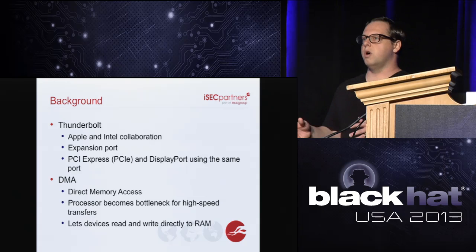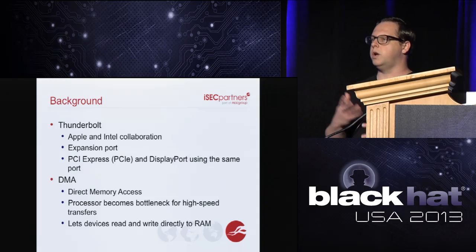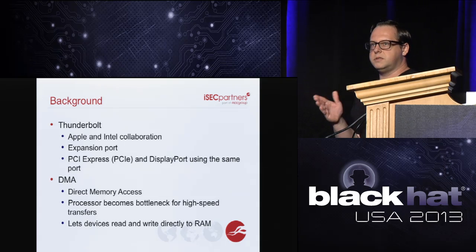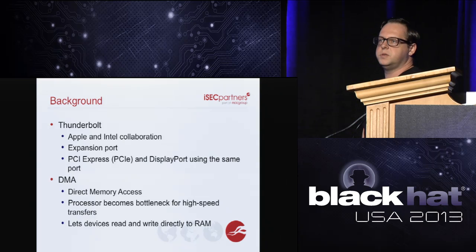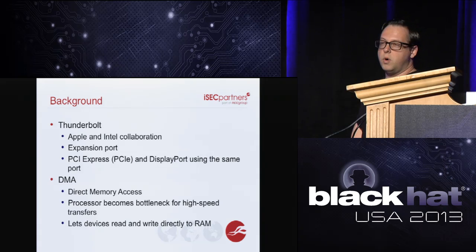So no more having to get an HDMI cable and then a USB 3 cable. It's all on one expansion port. The basis, it funnels down into PCI Express. So already we're starting to pick out some technologies we're going to need to look at, PCI Express being one. Since we're focusing on DMA, we're going to stick primarily to the serial data speed connection.